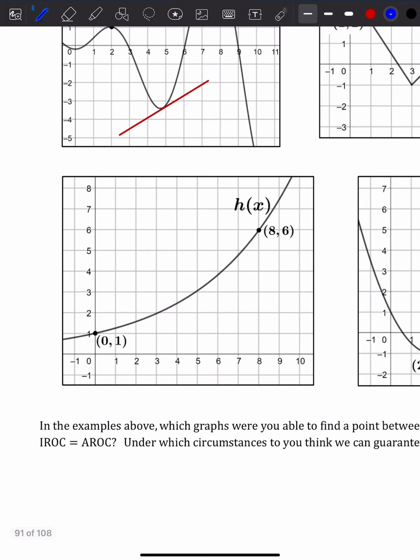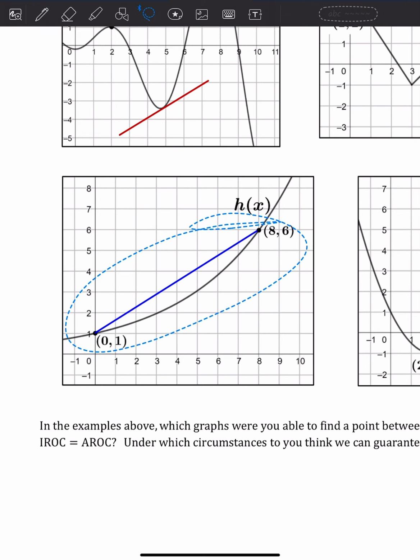Okay, so we have this function. It is an exponential. So we have our slope between these two points. And things that I noticed, it's increasing, it's going upwards, so we definitely have a chance.